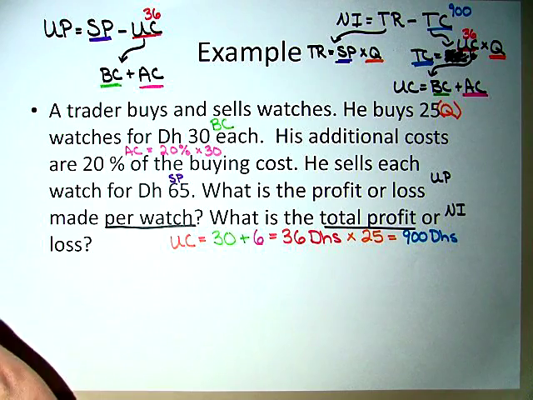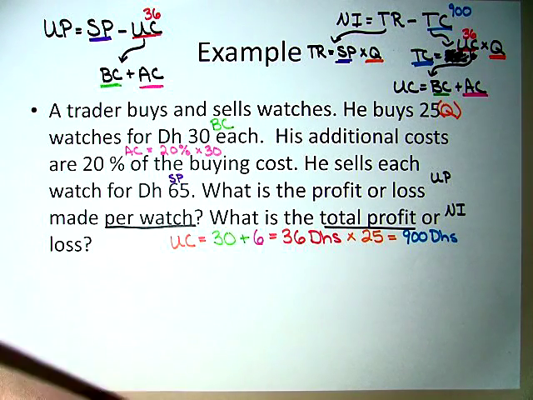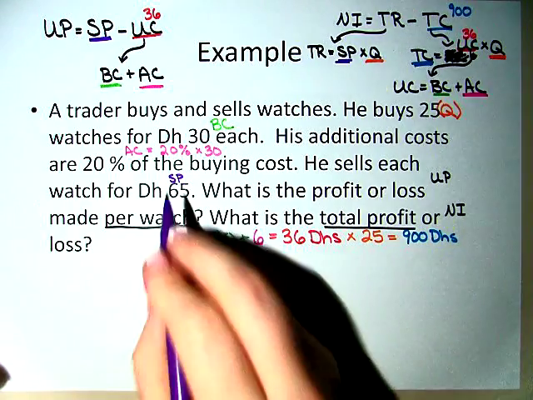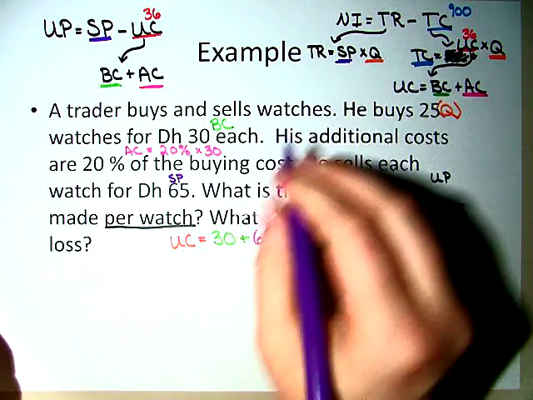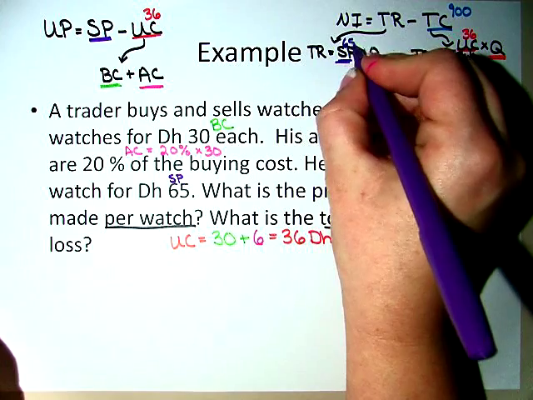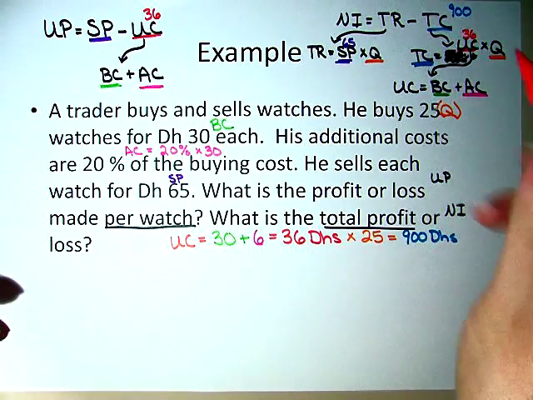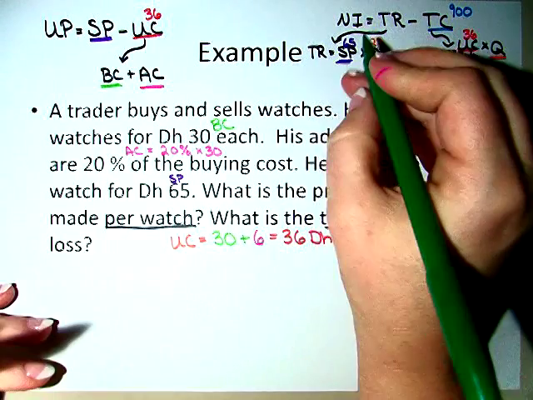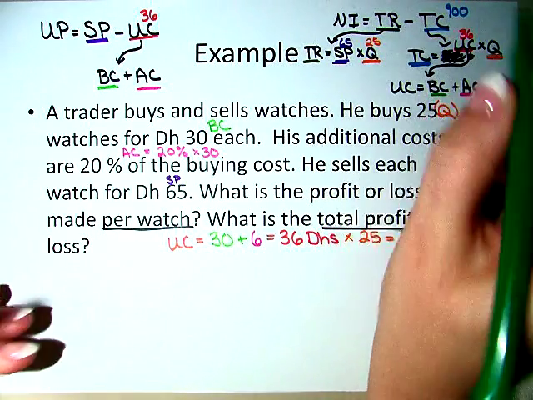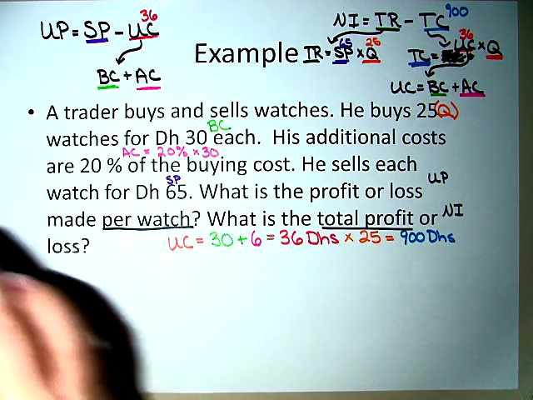Now, what was the selling price? Now, the selling price, as we discovered before, was 65. So to find the total revenue, we need to take 65 and multiply it by our quantity, which is 25. So let's get that here.